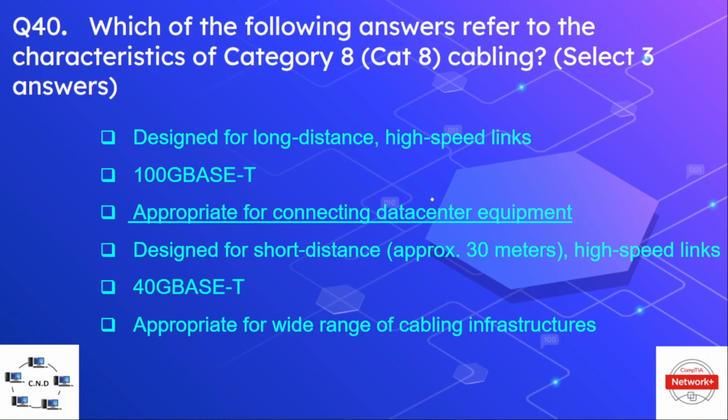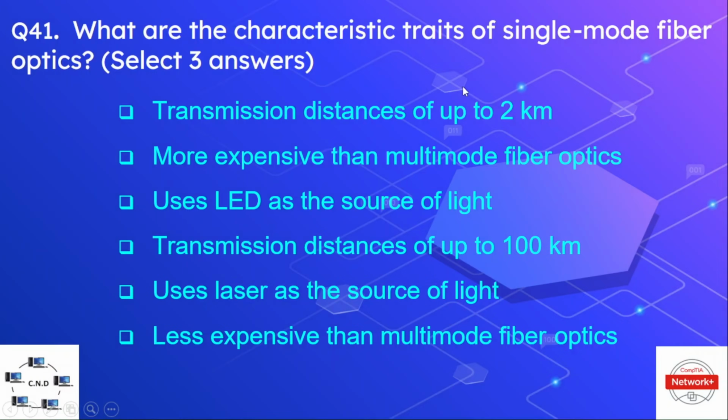It is basically used for connecting servers with the network equipment or connecting network switches and routers, and that it is designed for short distances, approximately 30 meters high speed links, and that this standard is basically 40G base T. So these are the correct options for Cat 8 cabling. Let's get to the next question.